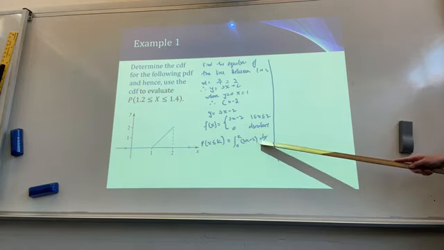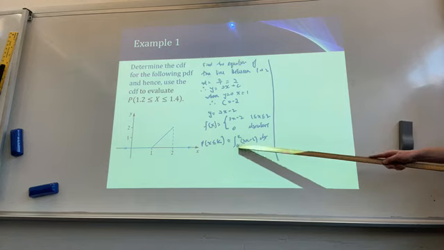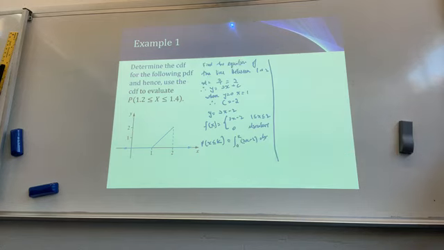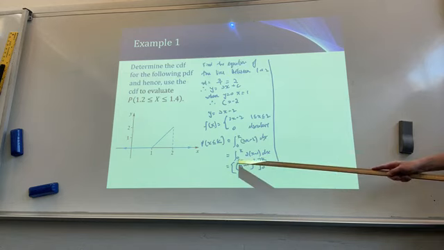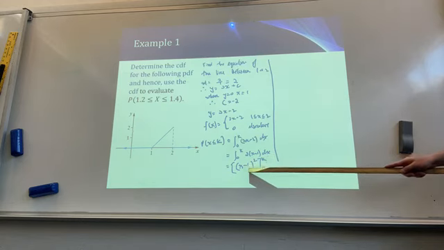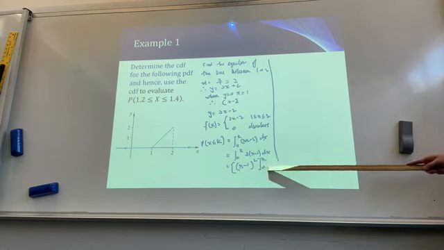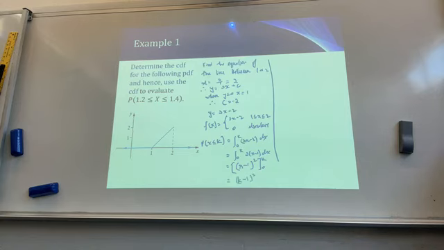It's 2x take away 2, from 1 to k, dx. So therefore, if I take the 2 out, it's (x minus 1) squared, from 1 to k, and therefore it's (k minus 1) squared. Alright? Work it out as k first, or t, or whatever. Use a dummy variable first.